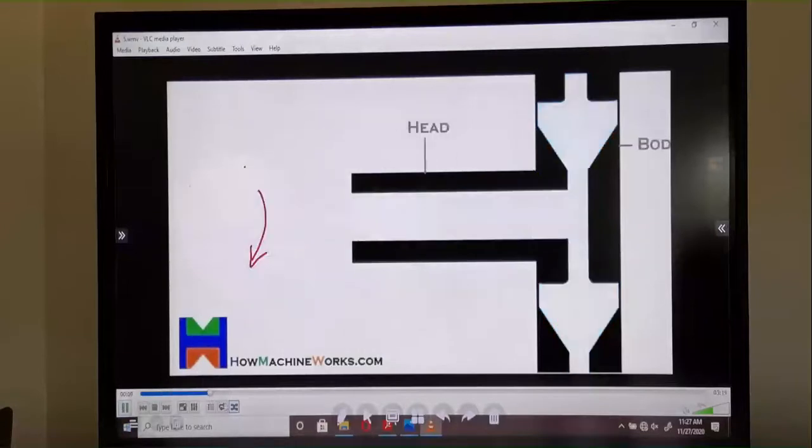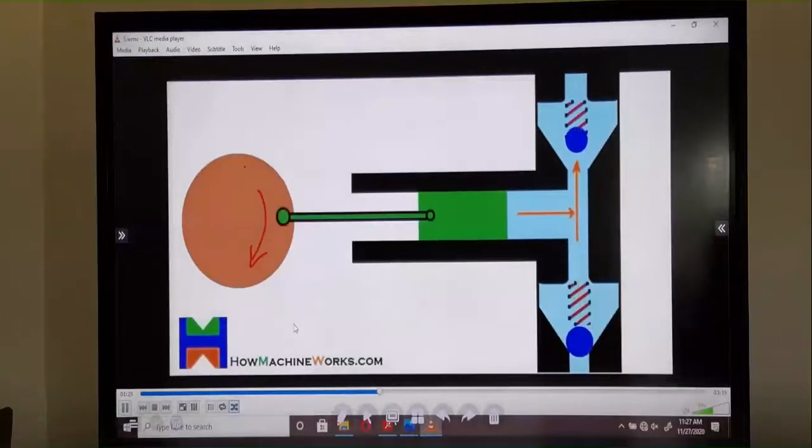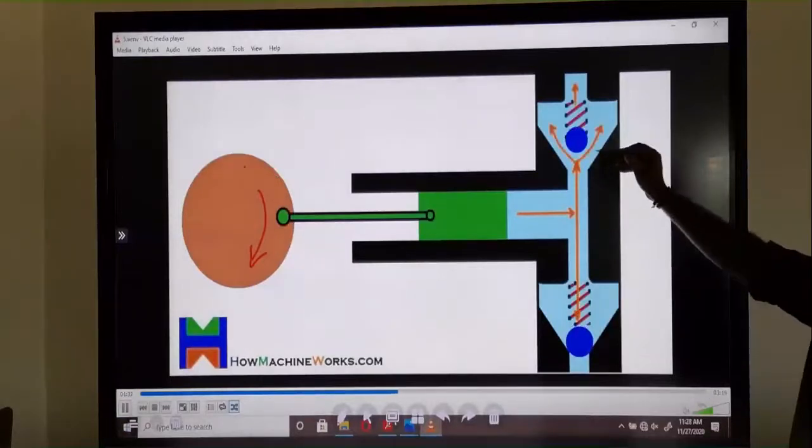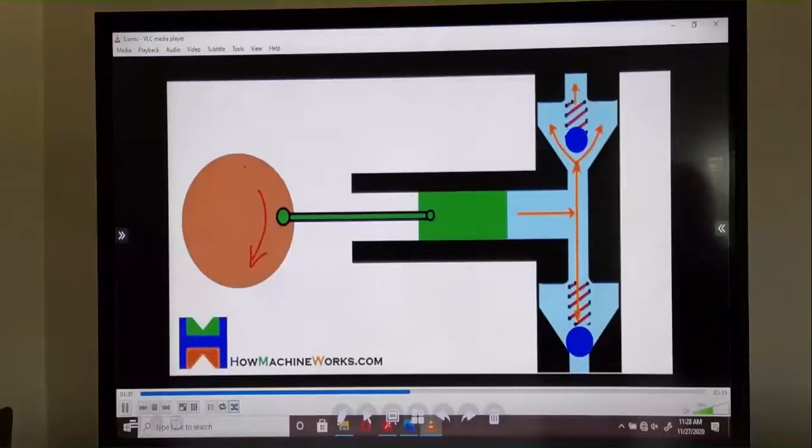Okay, clearly explained. This moves to this side. There is a space, so the fuel moves through this space.